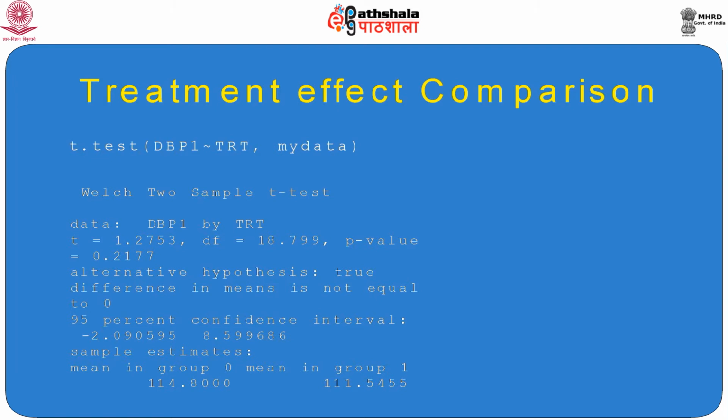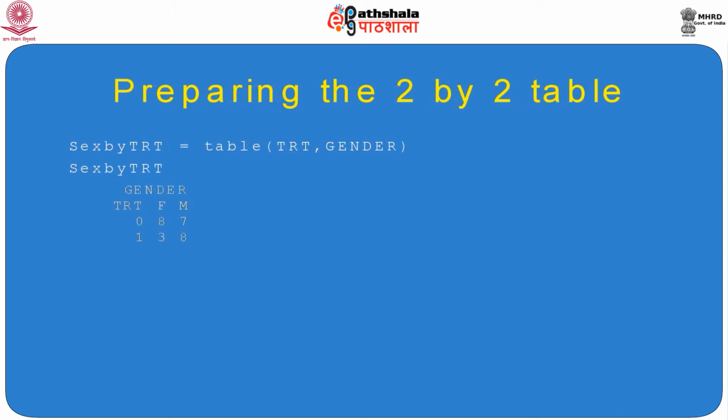Now we will go for another objective, which we have mentioned as the preparation of a 2x2 table. It is very simple. We use a function called table, and we put the table of TRT and gender, that is sex by TRT. When we call sex by TRT, we get gender as the first row with TRT and treatment.